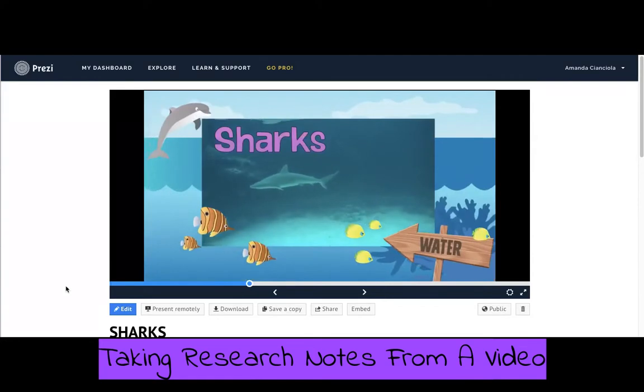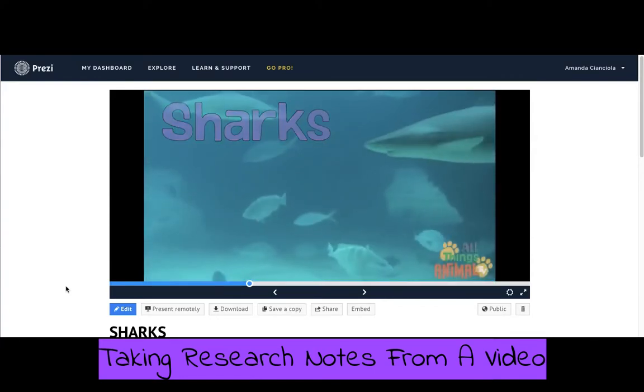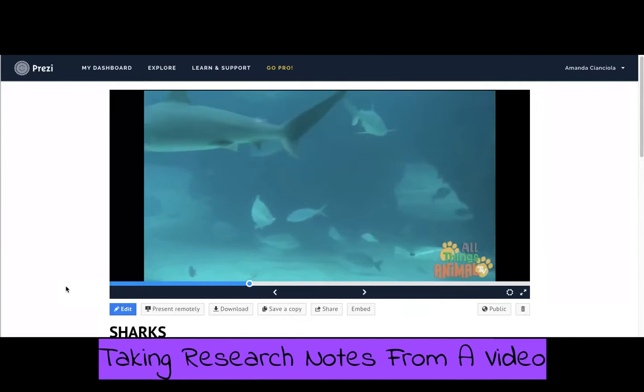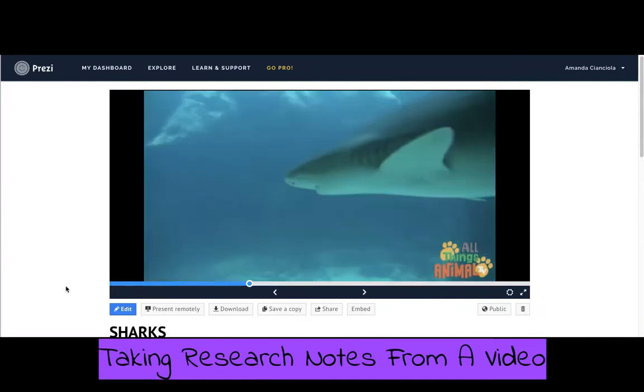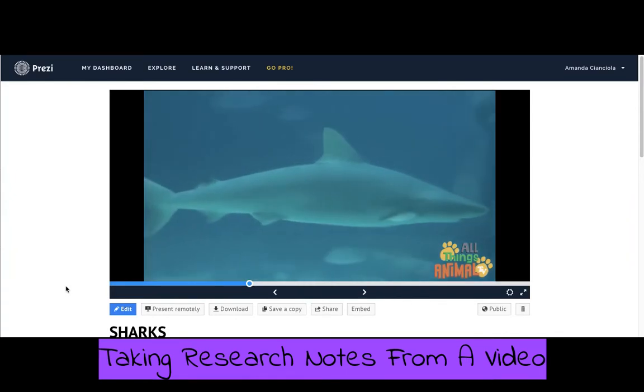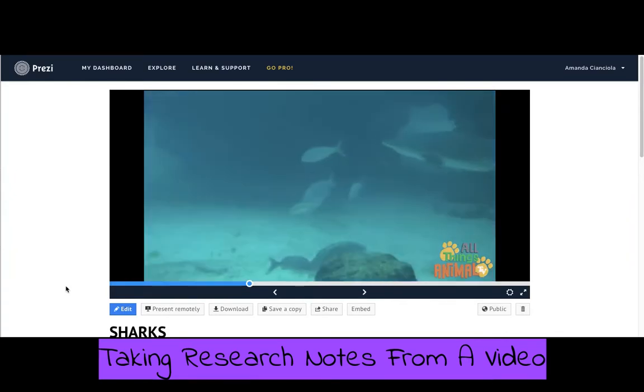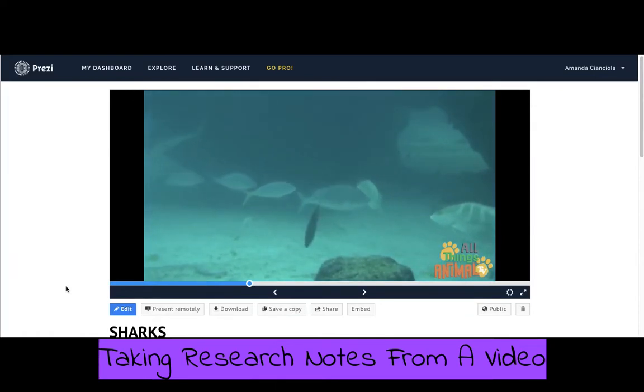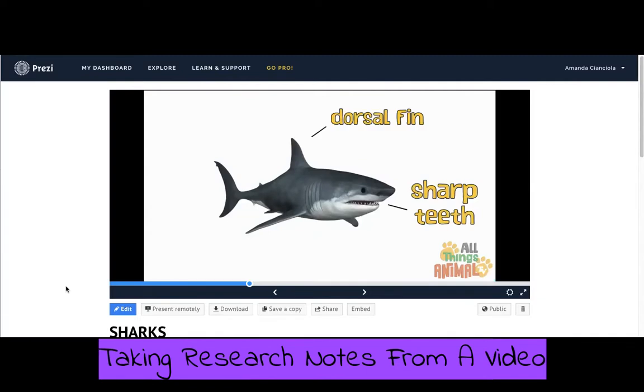Sharks. Silently stalking through the deep blue ocean comes the sleek and scary shark. Sharks are large carnivorous fish with sharp teeth, a dorsal fin on their back, and strong, powerful tails so they can swim fast.